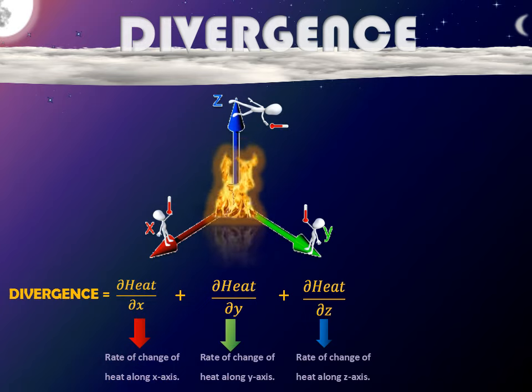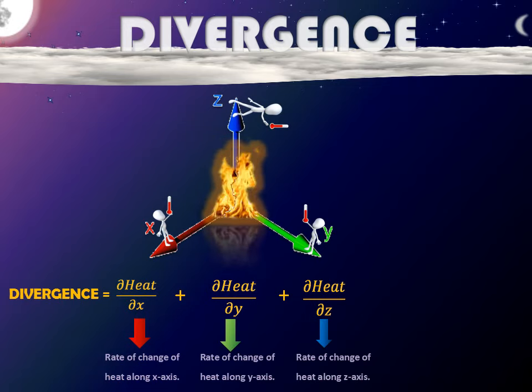Now let's come to divergence. Whenever you have a certain field, there will be a source of that field. It can be the source of heat, it can be the source of light, it can be the source of sound. Now whenever you move away from the source, there will be a rate at which you will find that the magnitude, the amplitude of that force will keep on reducing.